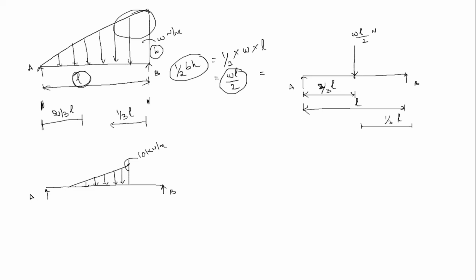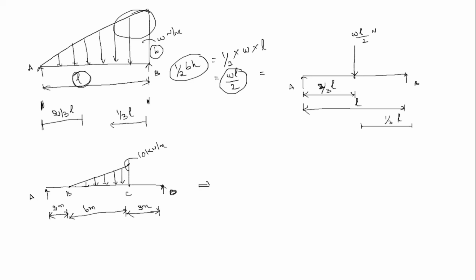The points are A, B, C and D. The distance AB is 2 meter, BC is 6 meter, and CD is 3 meter.